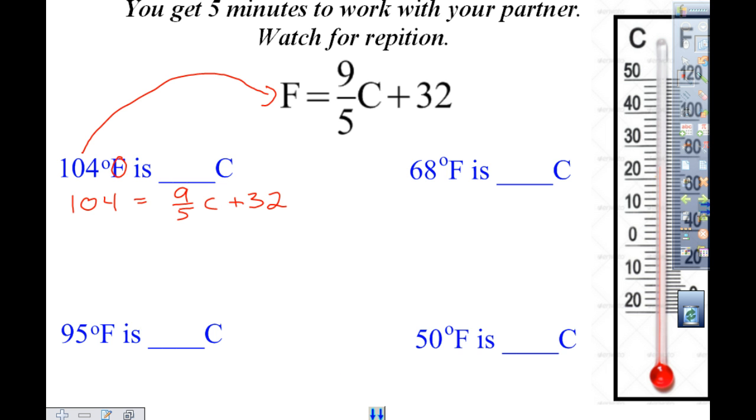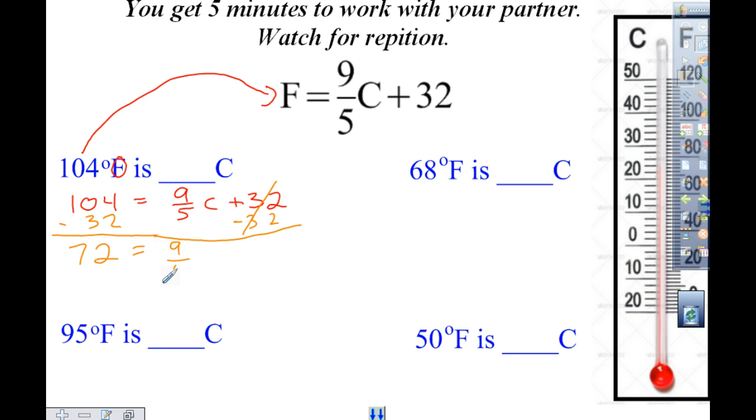So what would be the first step to solve the equation? Subtract 32 from both sides, and show the cancellation. Keep everything vertically aligned and neat. 104 minus 32 is 72.